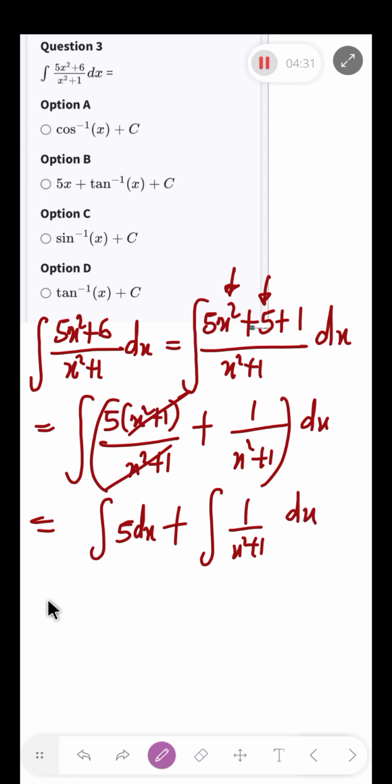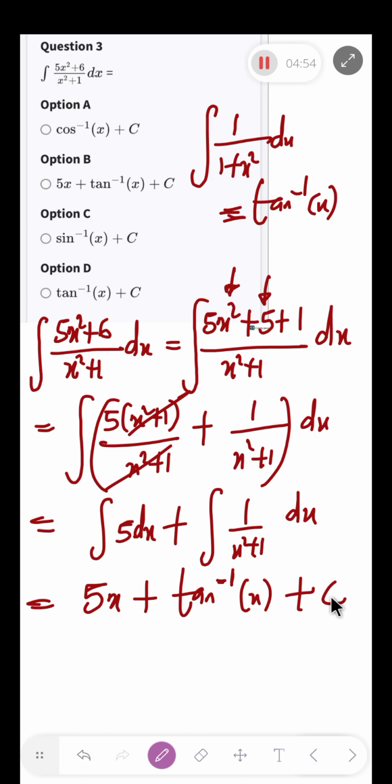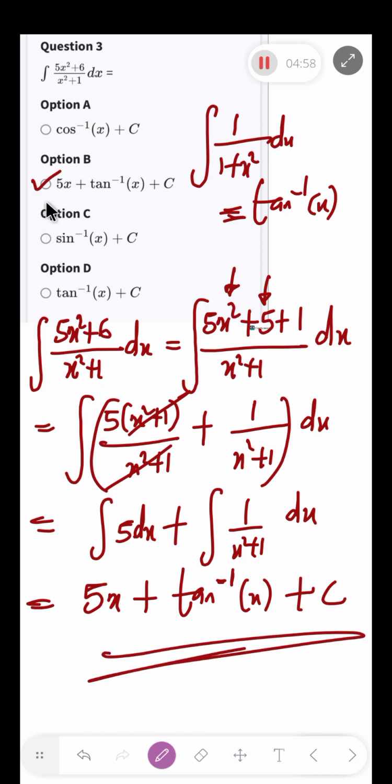Integrating 5 dx gives 5x. The integral of 1 over 1 plus x squared is a standard integral that you must know: it's tan inverse of x. Please take note of that. So I have 5x plus tan inverse of x, then plus constant c. That's option B, which is absolutely correct.